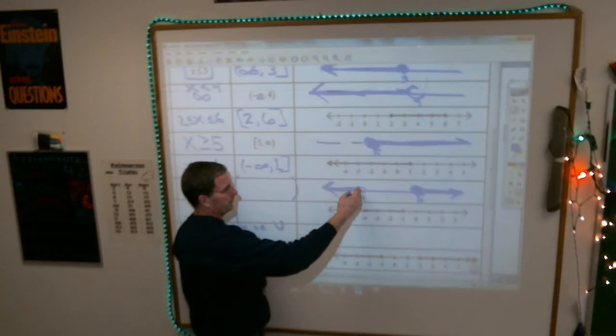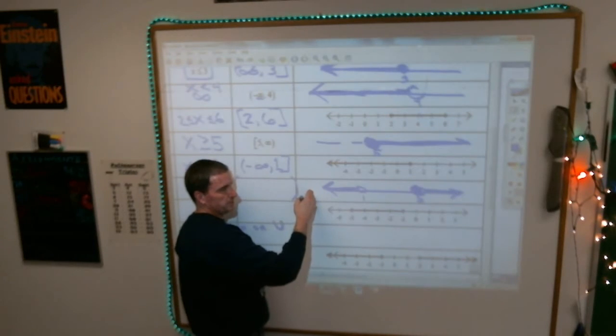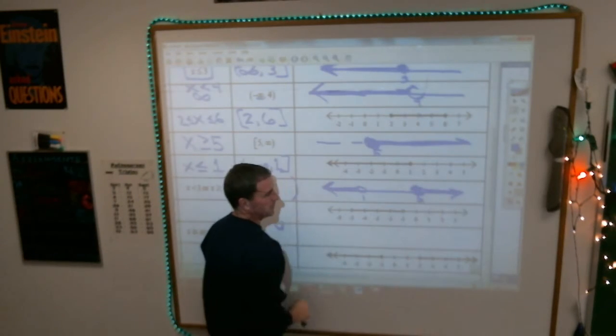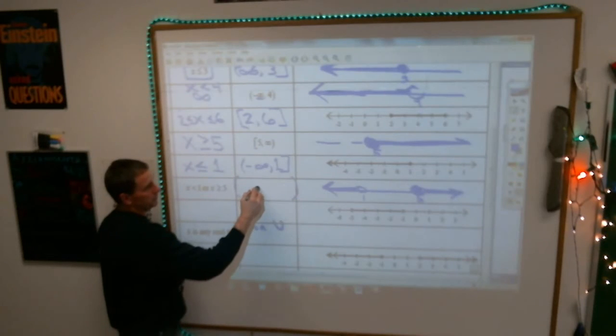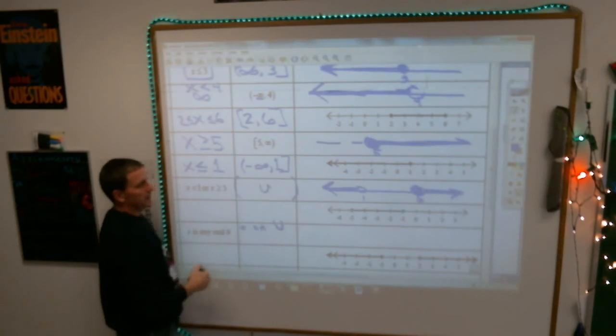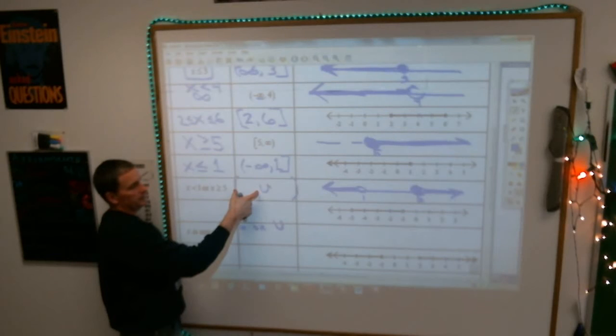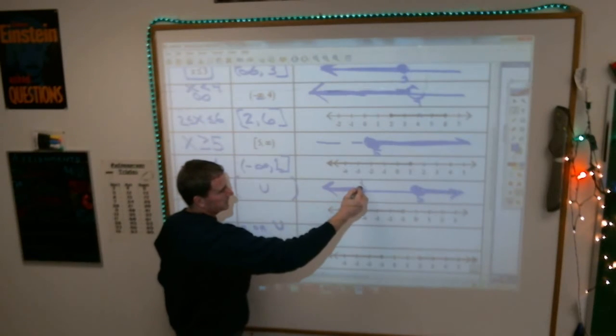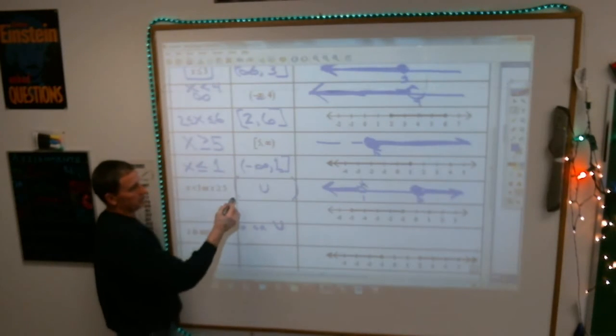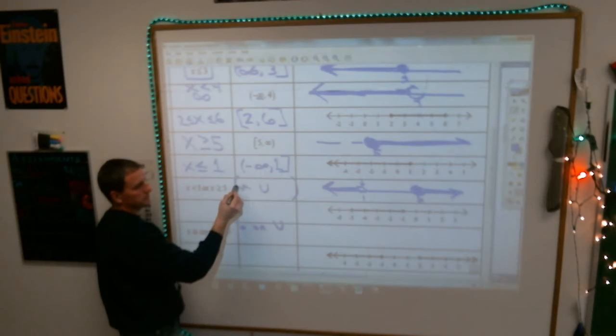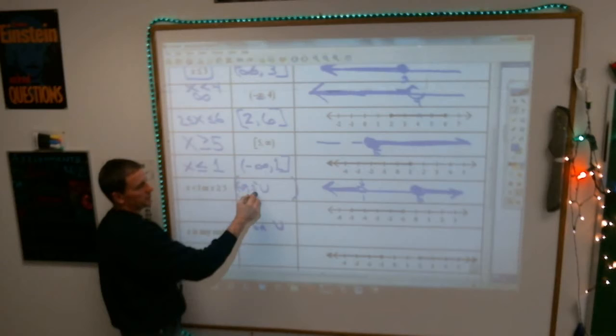You're going to join whatever your interval notation is for this to whatever your interval notation is for that. So in the middle, you put the letter U, and then you do one thing to this side. How do you write this in interval notation? Well, it goes to negative infinity, and it goes to 1. This is a parenthesis, and that's a parenthesis.